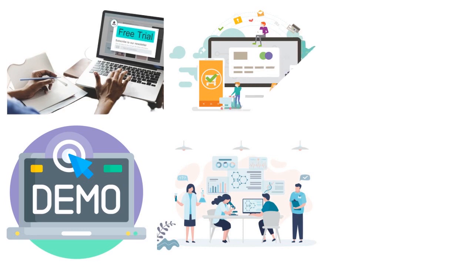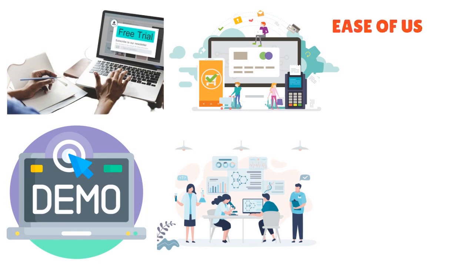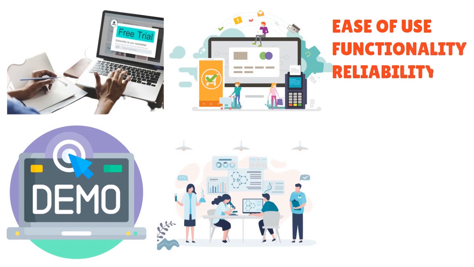Give yourself a reminder, so after 30 days you can just cancel your credit card order, so they don't charge you, because those charges actually go off automatically. So you've got to really think about a few things. You may want to consider, for instance, ease of use, functionality, reliability, scalability.